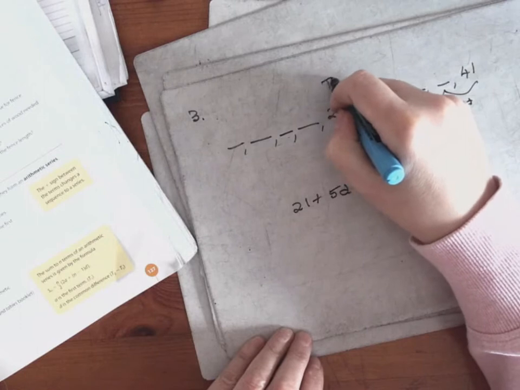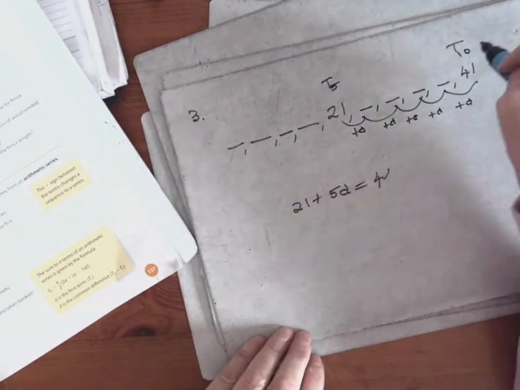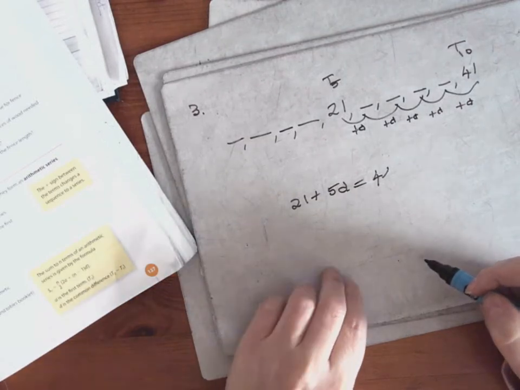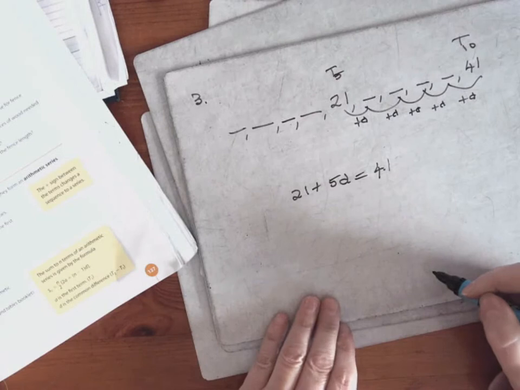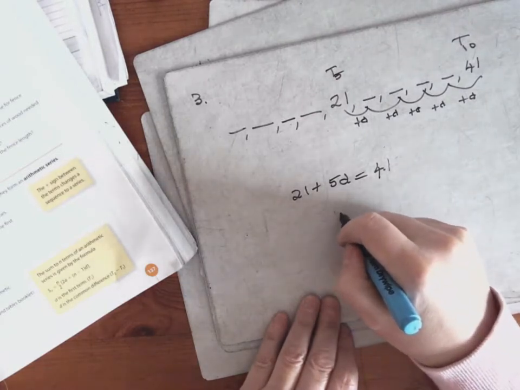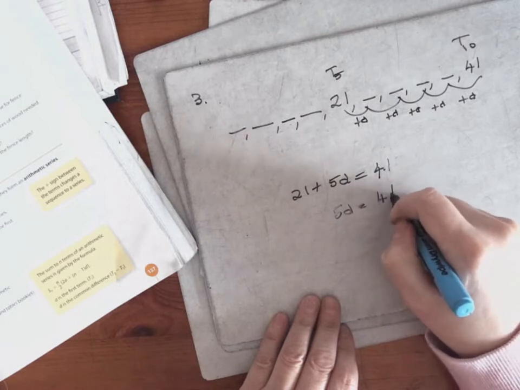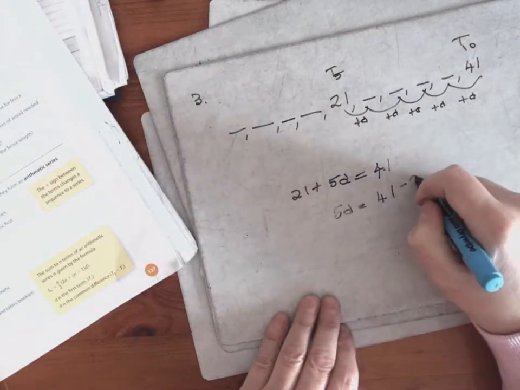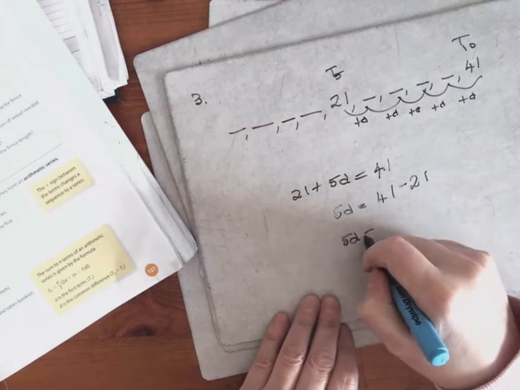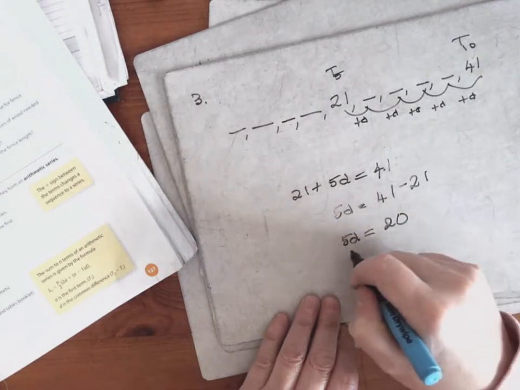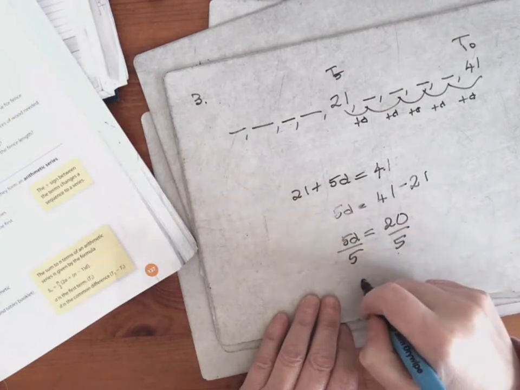Alternatively, you could say term 5 up to term 10, there's 5 steps, so that means 5 Ds added on. Okay, D's on one side, numbers on the other, so leave the 5D equals 41. Bring over the 21, it becomes minus 21. So you get 5D is equal to 20. Then you divide each side by 5 and it ends up being 4 again.